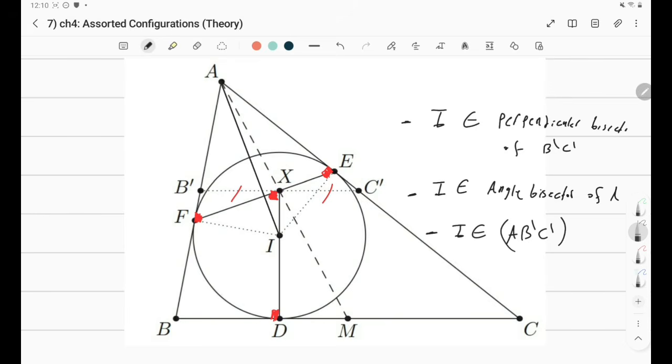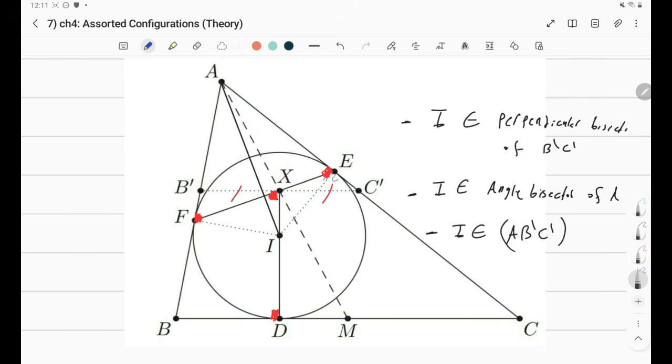How can we do that? One thing here also to notice is that you have this 90 degree, 90 degree, 90 degree. We have projections from I into these guys. Try just to look at this and try to notice something here. There is something that actually is very obvious and will immediately solve the question. Can you catch it? So we have a projection from I to the side AB prime, and from I to the side B prime C prime, and from I to the side AC prime.